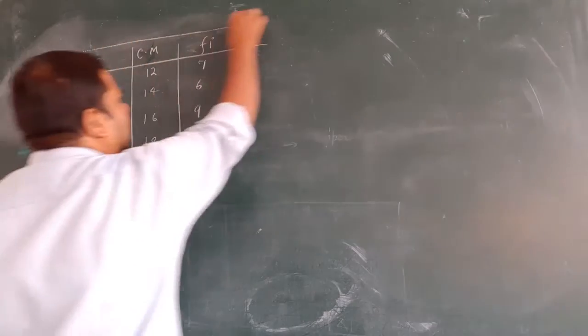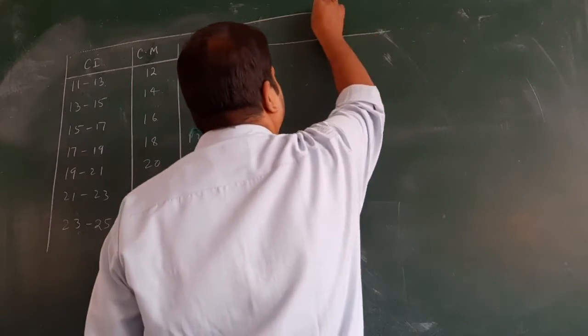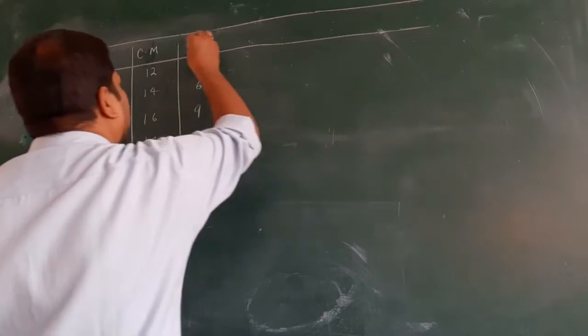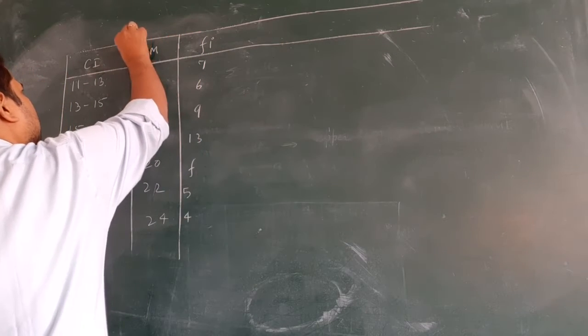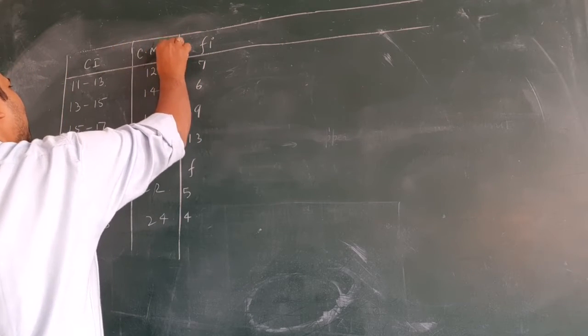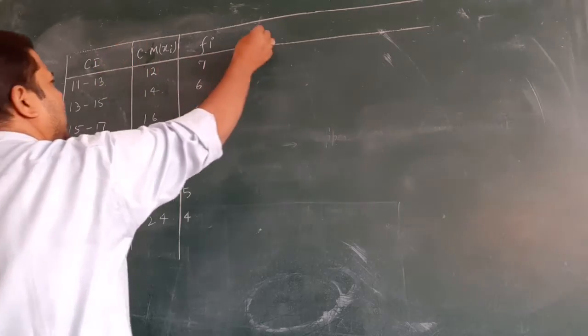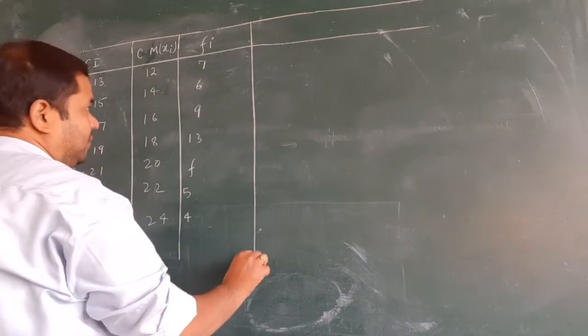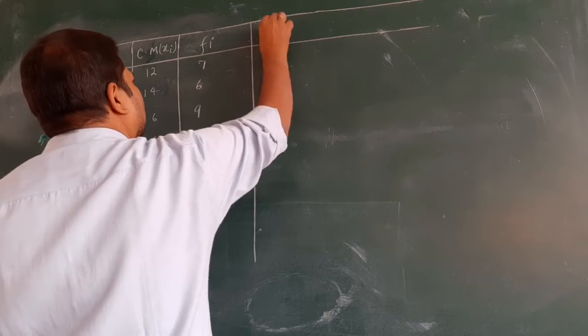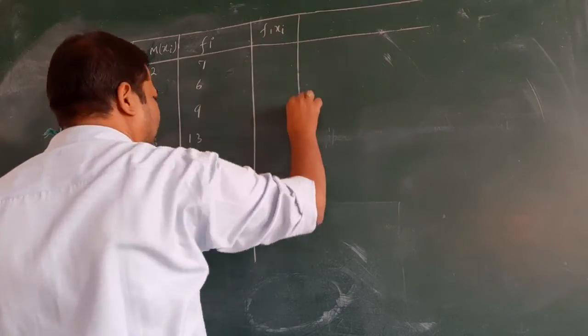This is fi, and the class mark is xi. Here we make only one column, fi xi.